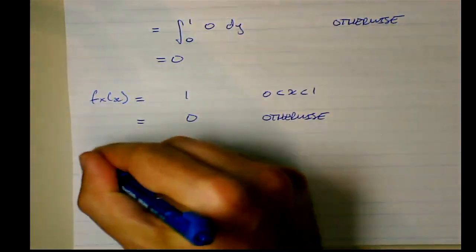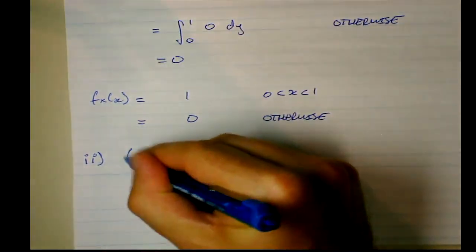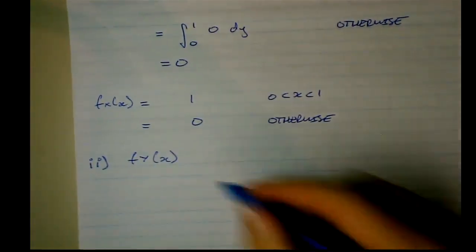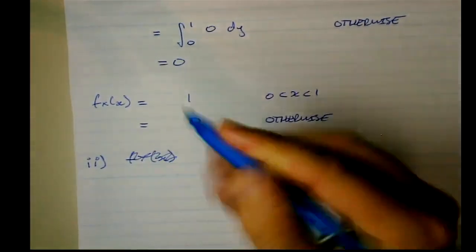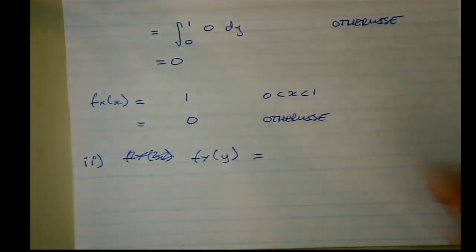So part 2 asks us, are x and y independent? Okay, so to know whether x and y are independent, we want to check whether the joint PDF is equal to the product of the marginal PDFs. We've got the marginal PDF of x, we need to get the marginal PDF of y, but because of the symmetry in the question, if we replace x with y in part 1, everything is exactly the same.